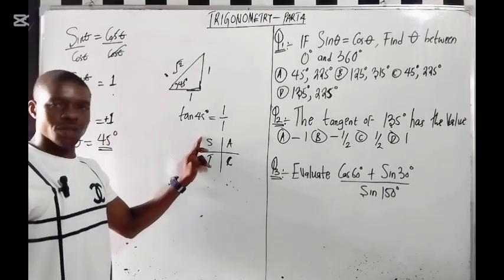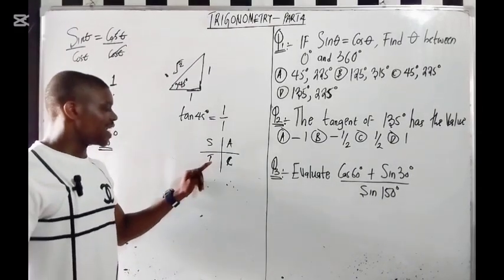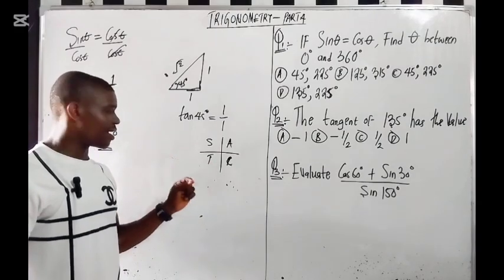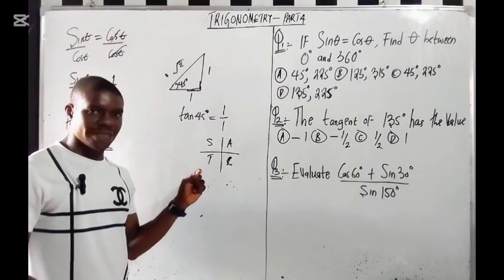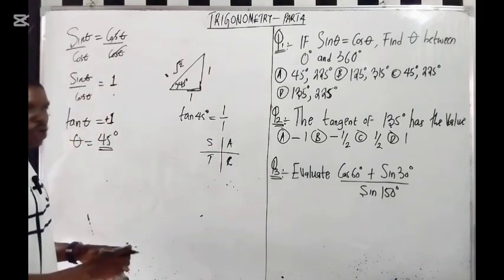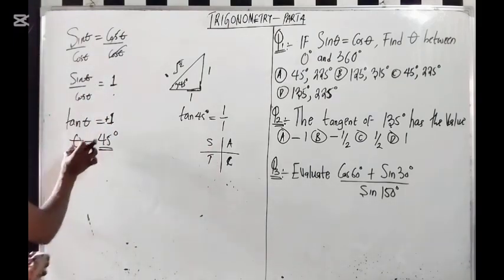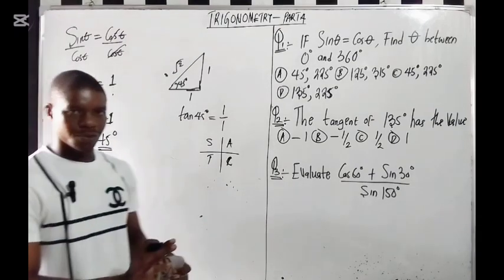In the second quadrant, only sine is positive, tan is not positive, so we ignore it. In the third quadrant, tangent is positive. So I'm looking at the third quadrant to get my second angle. My first angle is 45, that is the special angle, right?